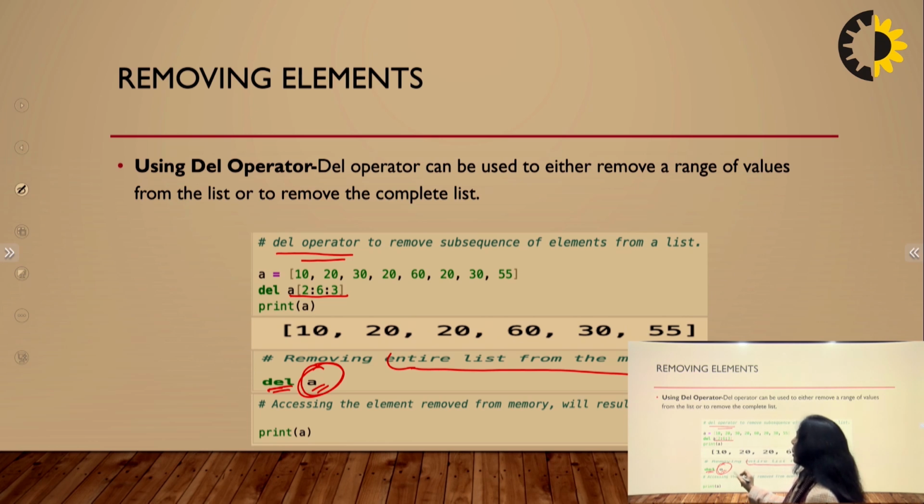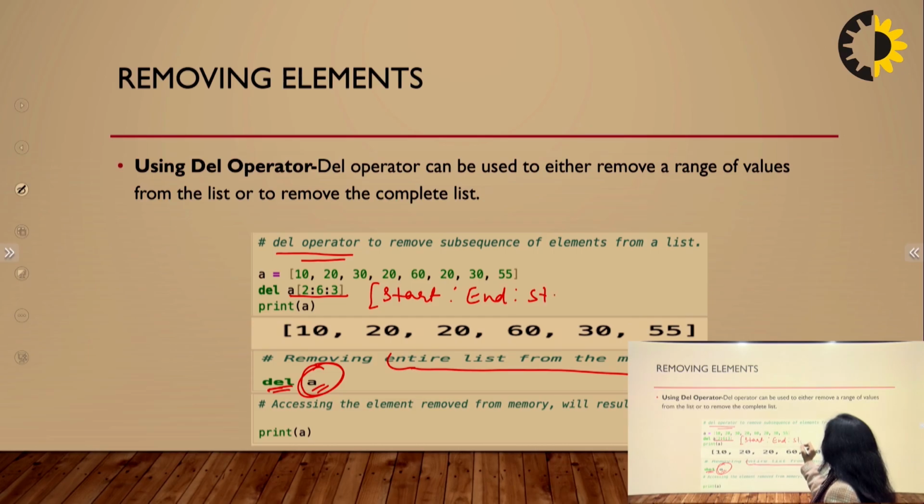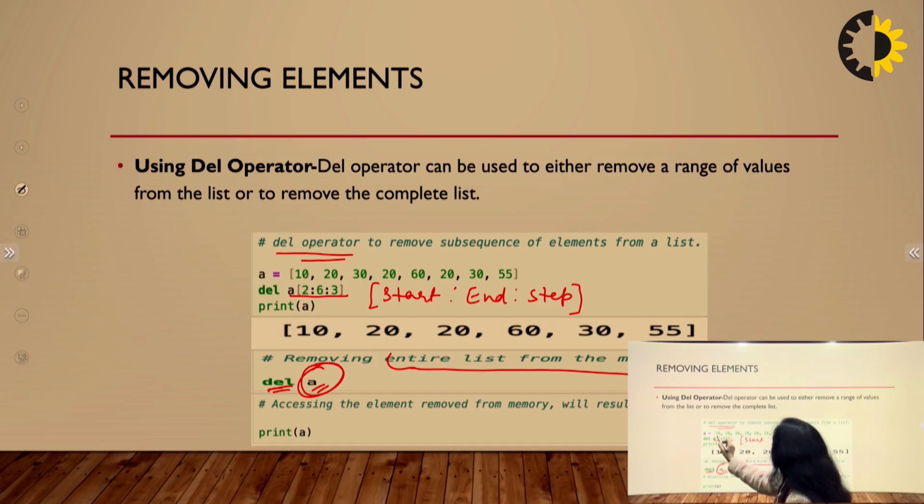Or we can refer to values and delete certain values. Here this signifies the start, end and step, as to how many steps have to be considered. If we take a list having these values, the indexing is like this.